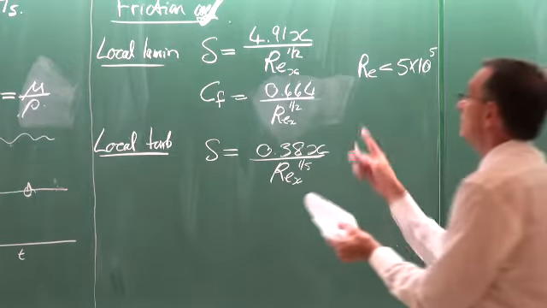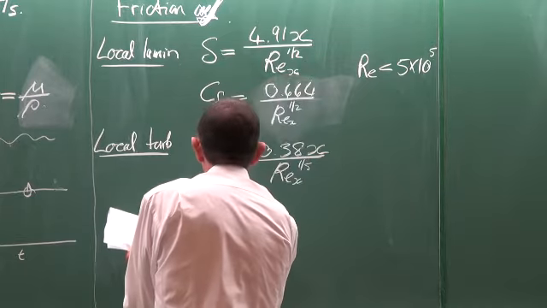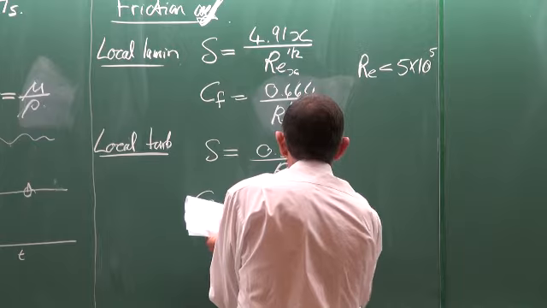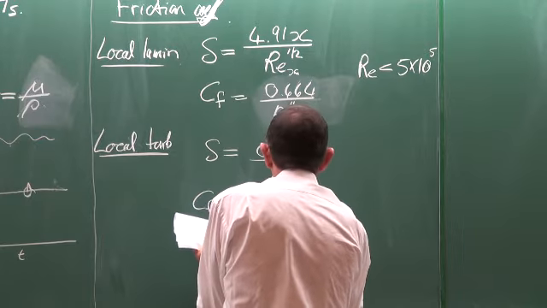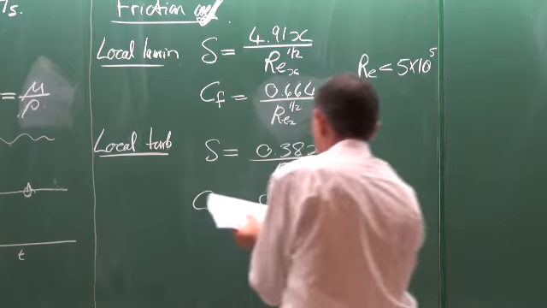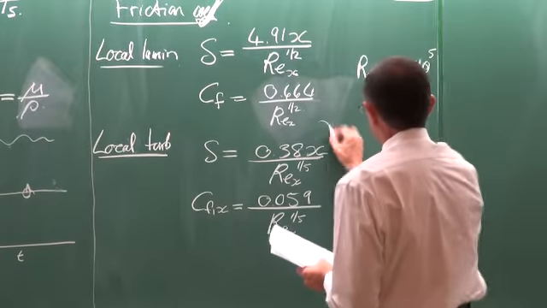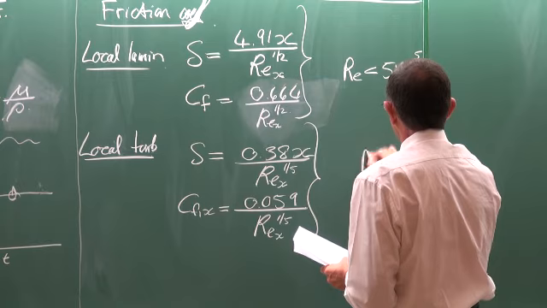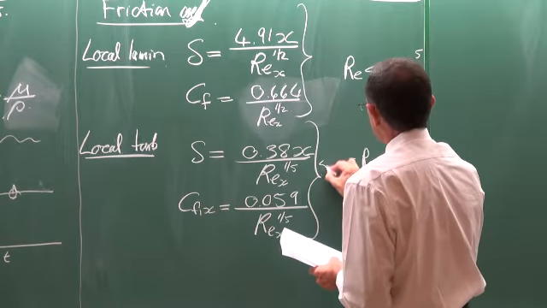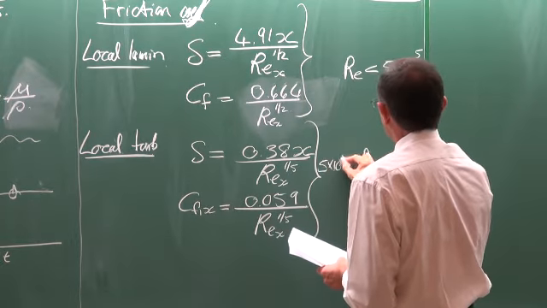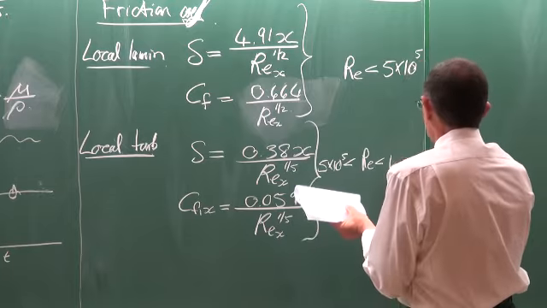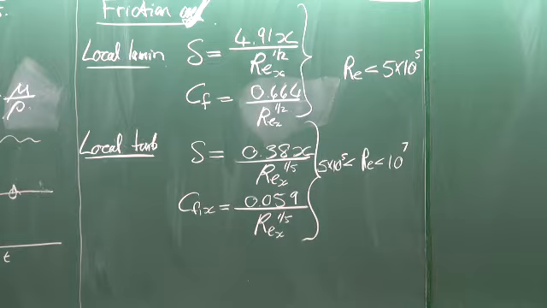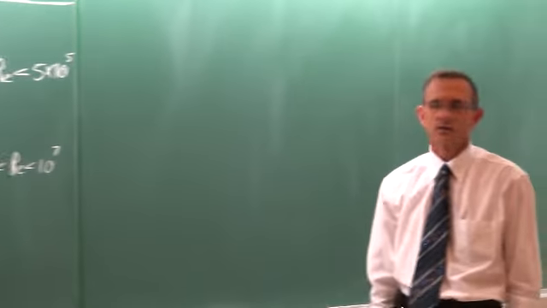And the local friction coefficient CFX is equal to 0.059 divided by Reynolds x to the 5th. Because it is turbulent flow, it is valid for Reynolds numbers larger than 500,000 but smaller than about 10 to the 7. If it's more than 10 to the 7, there are other equations that you can use.